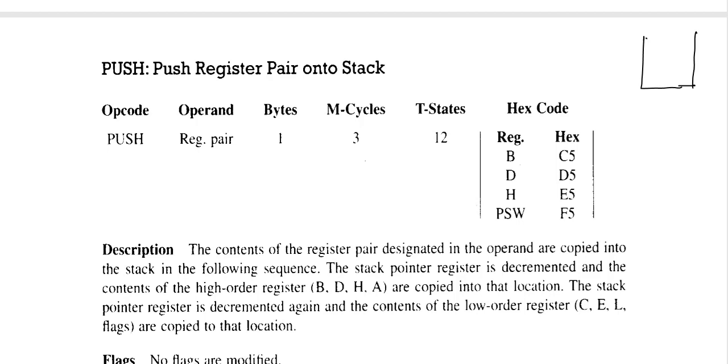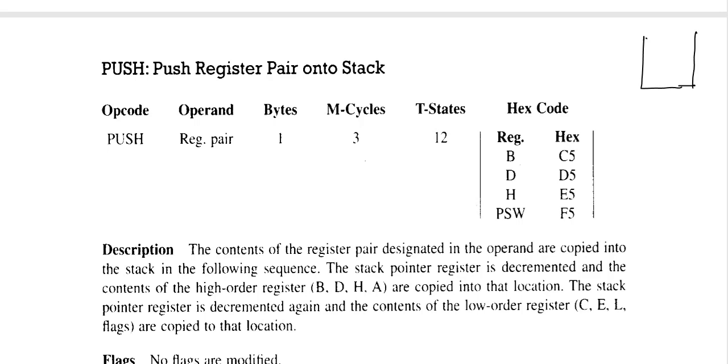For example, when we store the return address, in the main program, whenever we call a subroutine or function, the address of the next instruction in the main program will be stored on the stack. Whenever it returns from the subroutine, it will take this next instruction address into the program counter and again start executing the program.